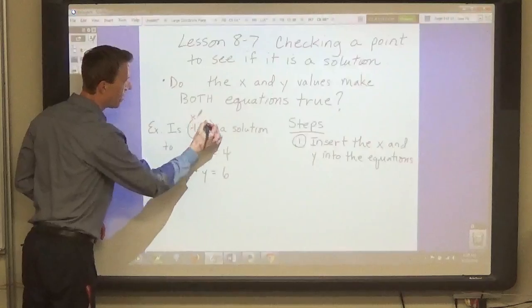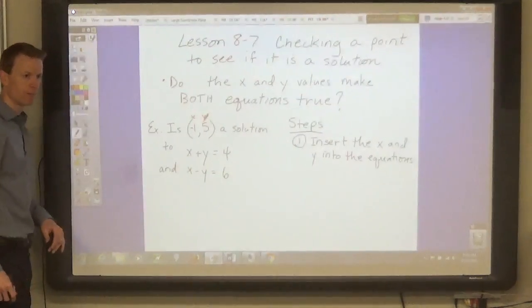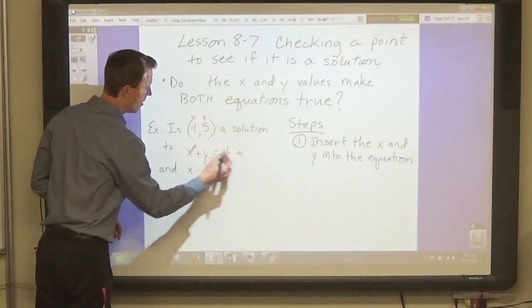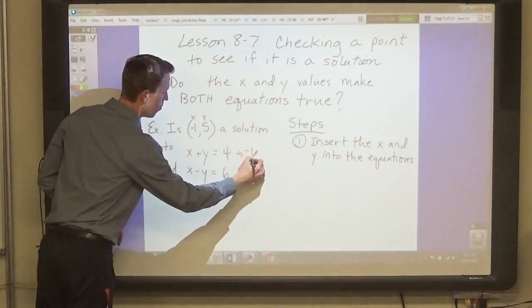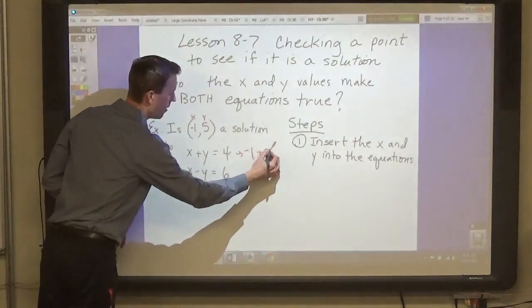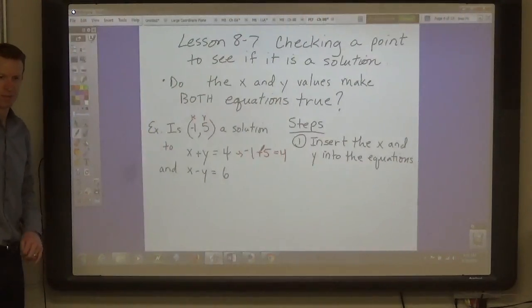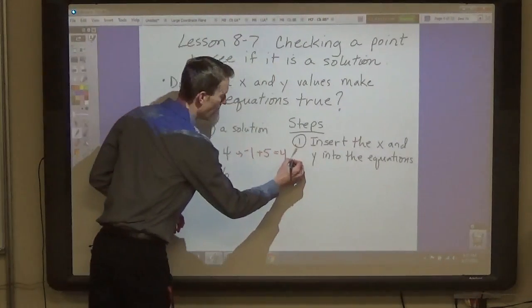So this is the x value, this is the y value. And so when you put it in, -1 plus 5 equals 4. Is that true? Yeah, that one's true.